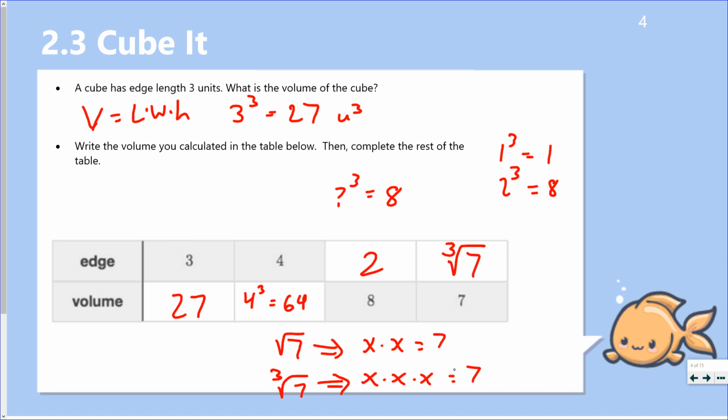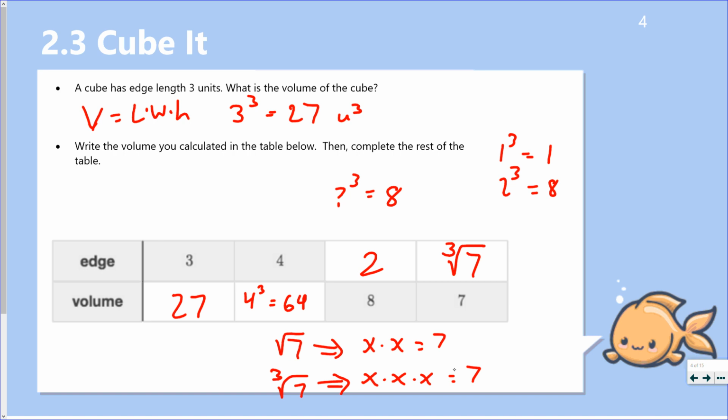And it's the number such that when raised to that particular power, or third power, you get the number under the radical. This can be extended to 4th roots, 5th roots, 6th roots, 7th roots, whatever root you would like.